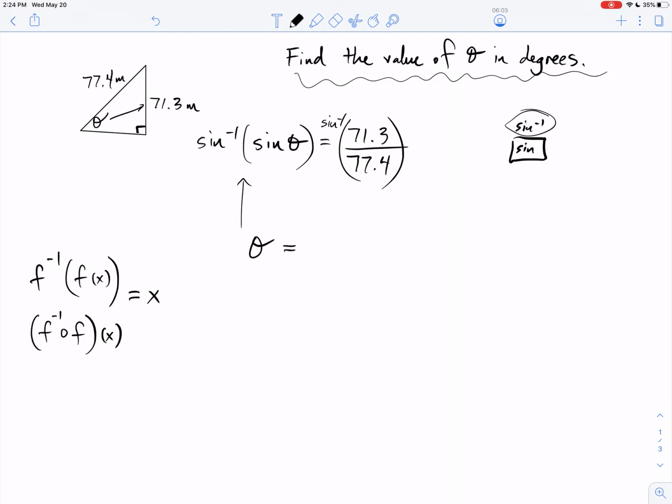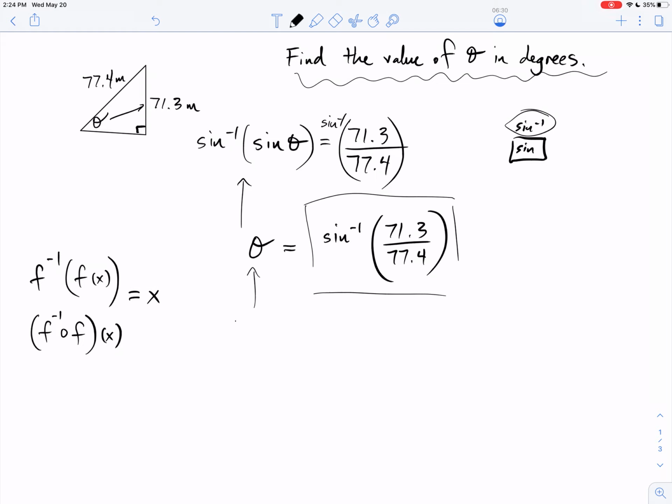Now, what's sine theta equal to? It's equal to whatever this numerical value turns out to be. But what I'm trying to get at is, when we are using an inverse trig function, we're talking about an angle.